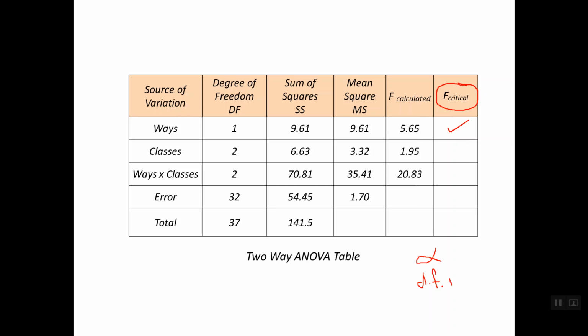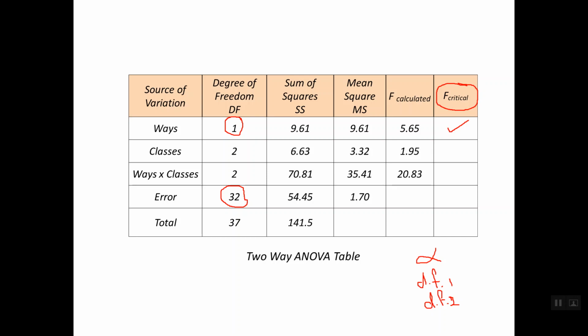So degree of freedom 1, and we need the degree of freedom 2, which is related to the error. So for the ways, we have a significance level of 0.05, a first degree of freedom equal to 1, called the degree of freedom in the numerator, and the second degree of freedom is 32, called the degree of freedom in the denominator.